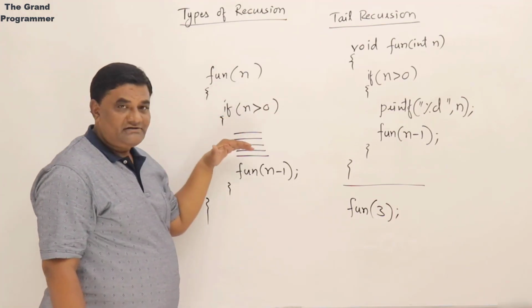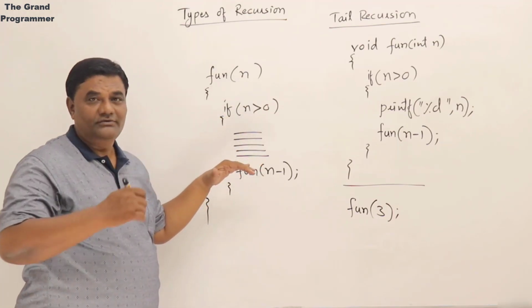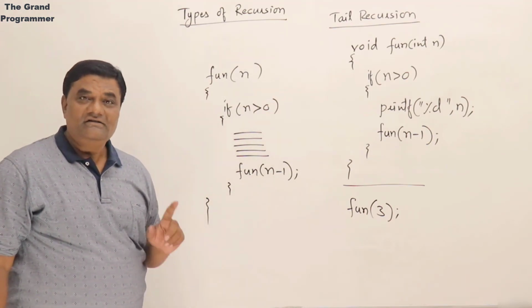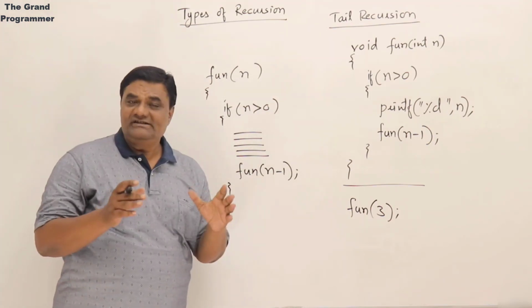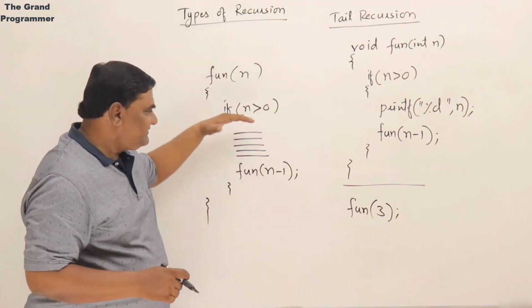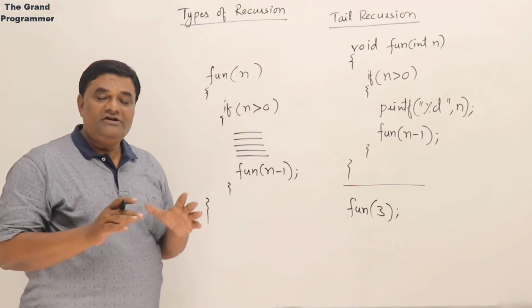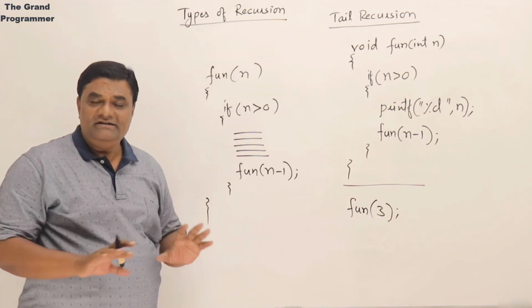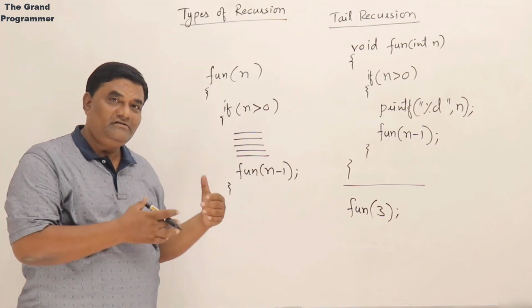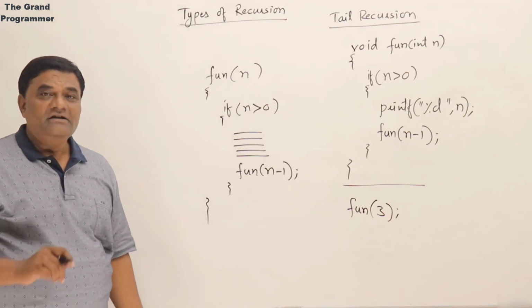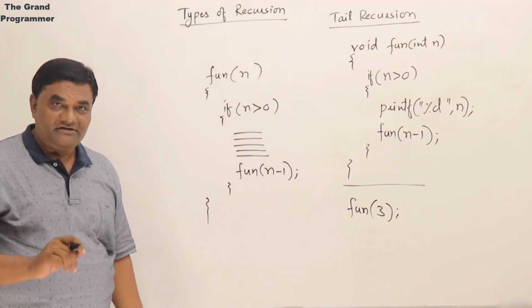All those things it has finished, then it is making a call to itself. So if it's the last statement, then it is called tail recursion. So this means that all these operations will be performed at calling time only, and the function will not be performing any operation at returning time. Everything is performed at calling time only. So that's why it is tail recursion.